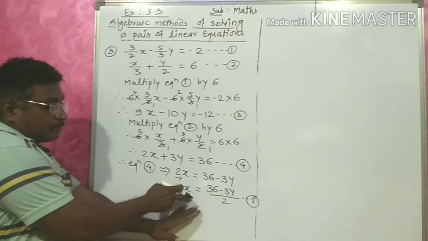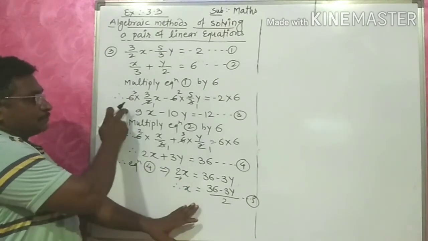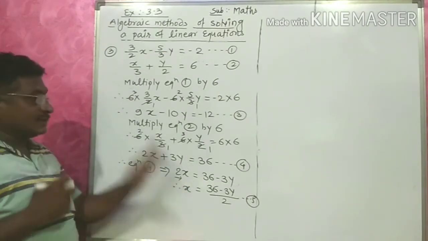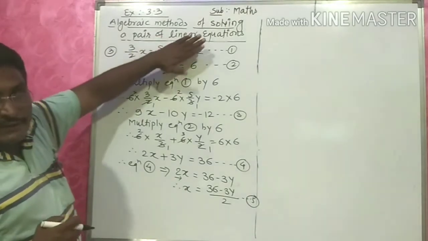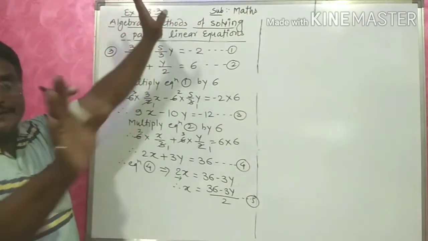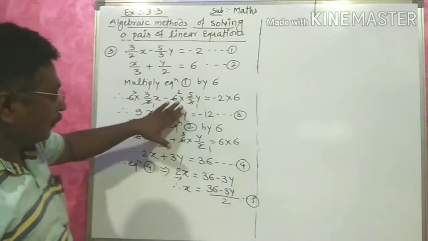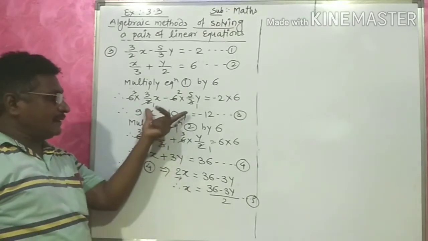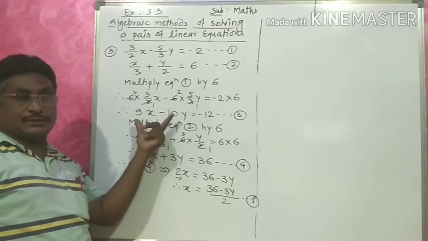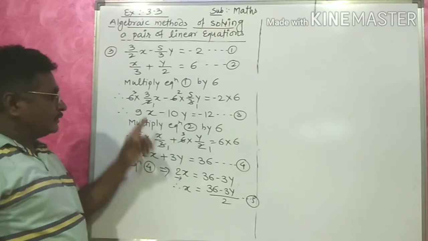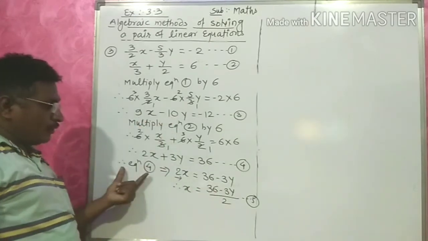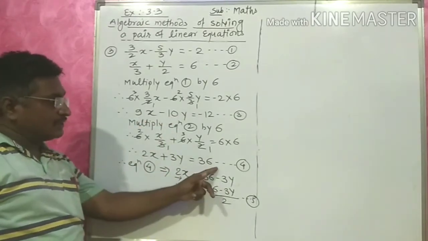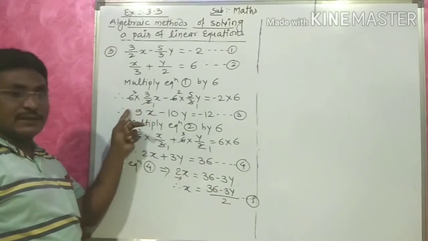So now this value of x we will substitute in equation 3. Now we will not consider equation 1 and 2. Forget about equation 1 and 2. Now from here we will remember these are our new equations. Understood, student? So now we transformed equation 4, so put this value in equation 3.